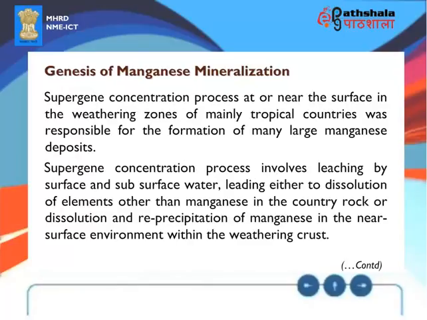Supergene concentration process at or near the surface in the weathering zones of mainly tropical countries was responsible for the formation of many large manganese deposits. Supergene concentration process involves leaching by surface and subsurface water, leading either to dissolution of elements other than manganese in the country rock or dissolution and reprecipitation of manganese in the near surface environment within the weathering crust.